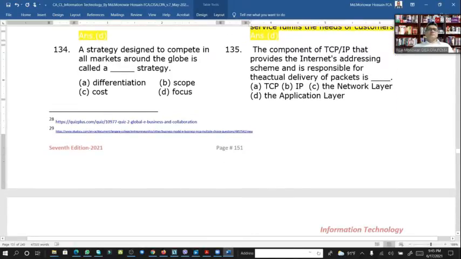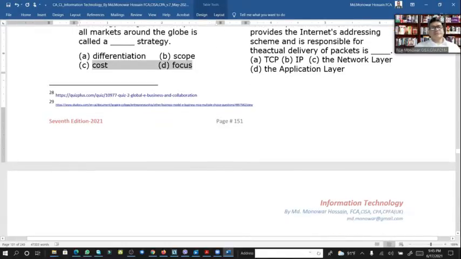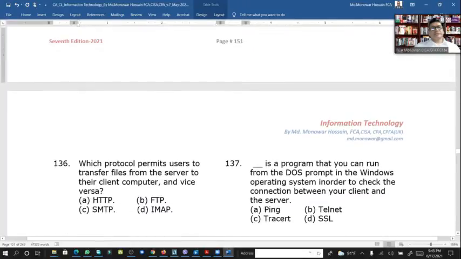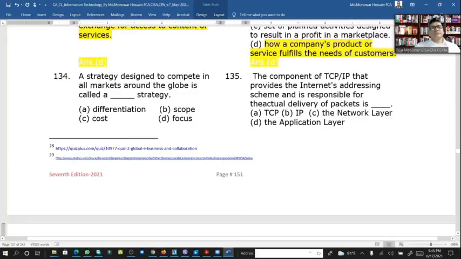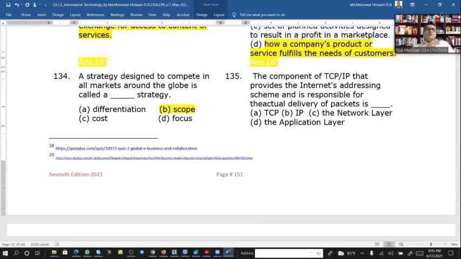Now, a strategy designed to compete in the market around the globe is called a dash strategy. Which strategy is it? Let's see the answer. It's scope. The strategy designed to compete in all markets around the globe is called a scope strategy.